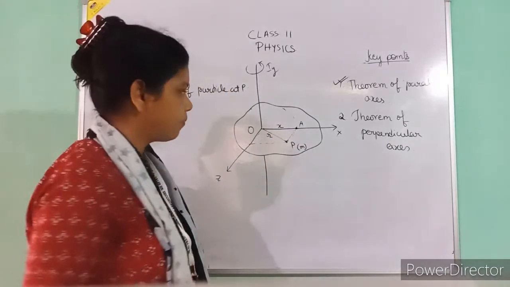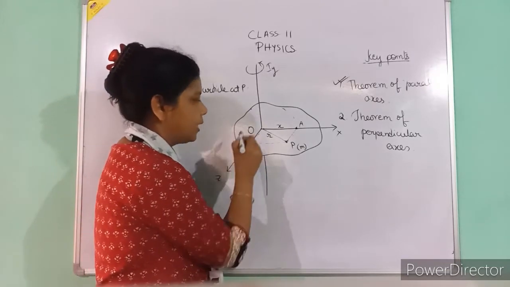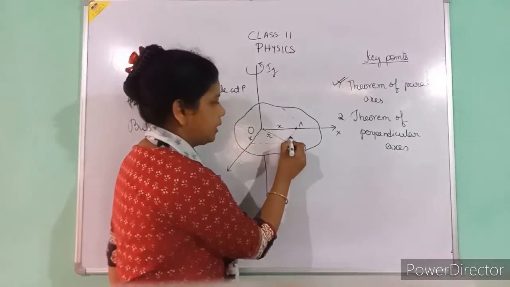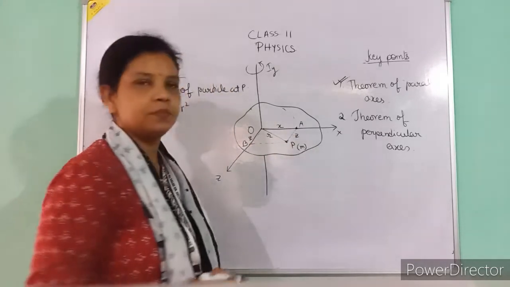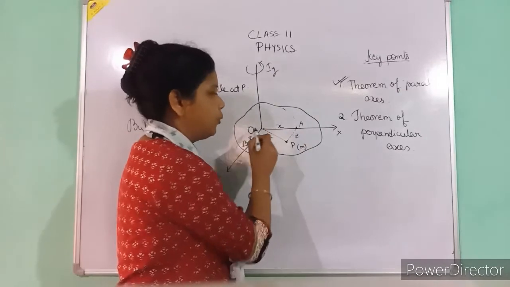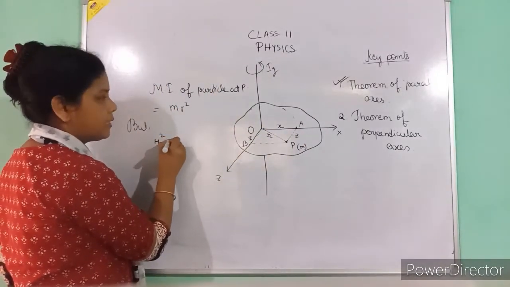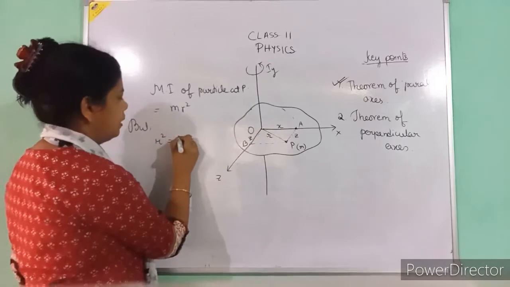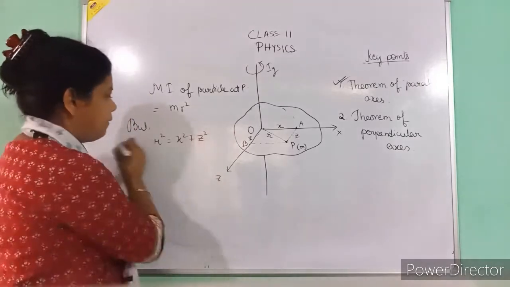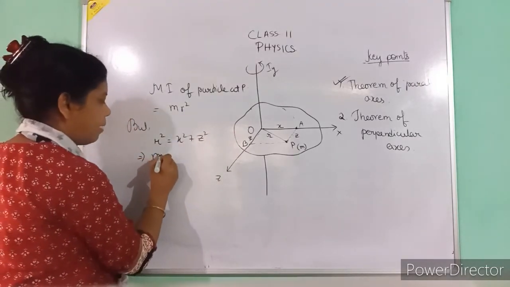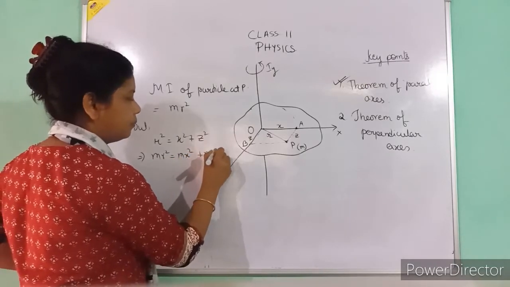Because this is X. And from here to here, this is the Z axis, so this will be Z. So this is my B, and this one will also be my Z. So it's a right angle triangle we will get. So we can write from the figure R square is equal to X square plus Z square. If I multiply by M, I can write mr square is equal to mx square plus mz square.